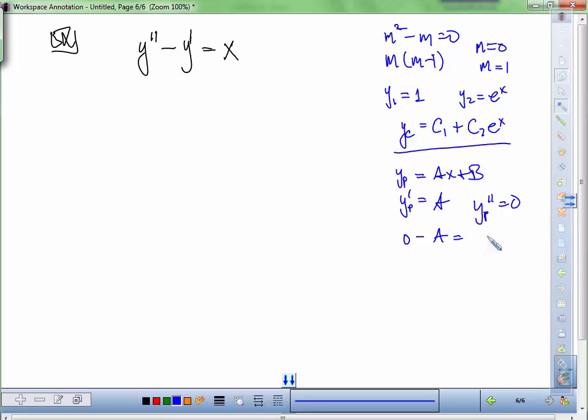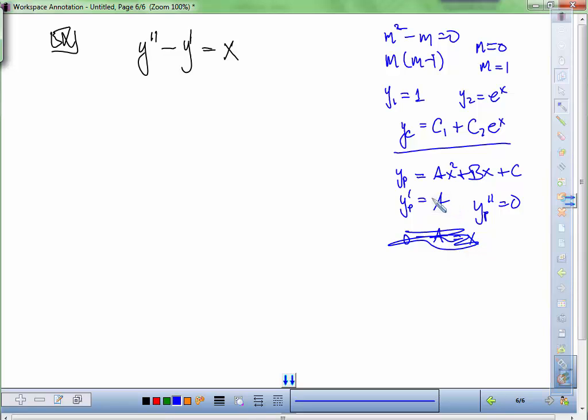Wait, that's not going to work. Now let's add another x in there. It fails, so add another x, because you got that constant.